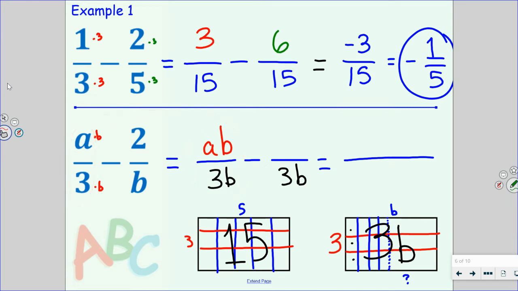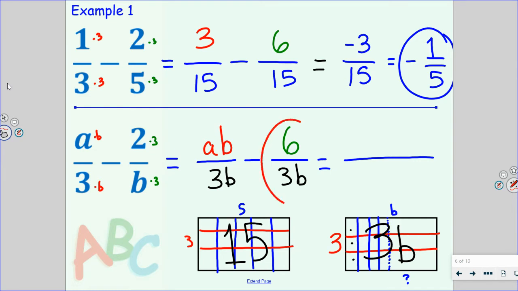Now let's take a look at the second fraction. The second fraction, we have B, we need 3B, and therefore, what might seem obvious is we'll multiply by 3. Therefore, 2 times 3 is 6. B times 3 is 3B.